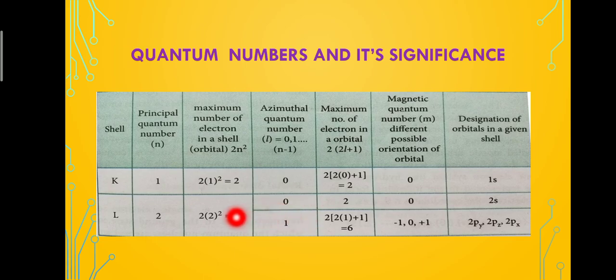And if they have mentioned the 8th electron or 5th electron, based on that you can calculate whether it is in an s orbital or p orbital. So by knowing the principal quantum number, you can find out in which subshell the electron is present, its magnetic quantum number, and its spin also.